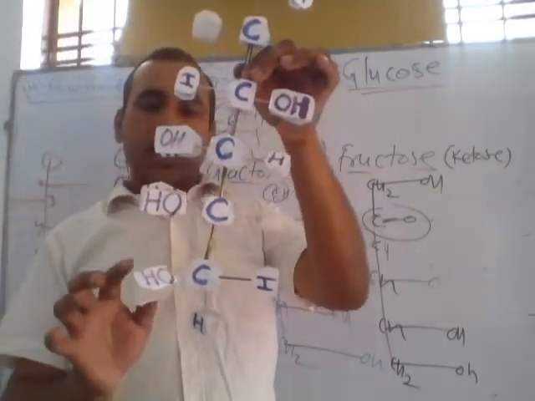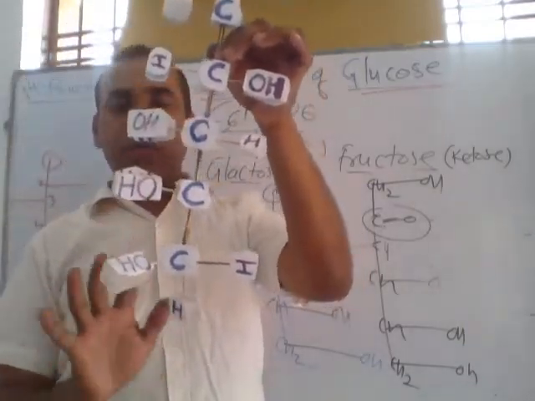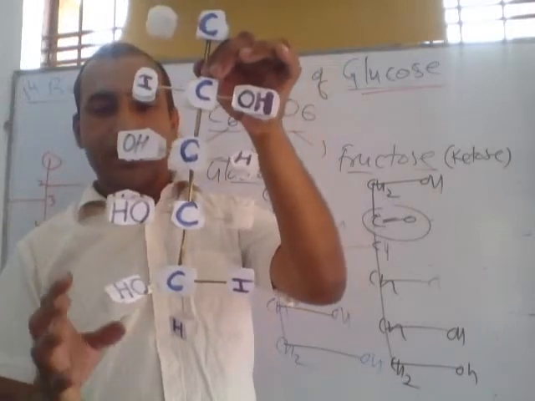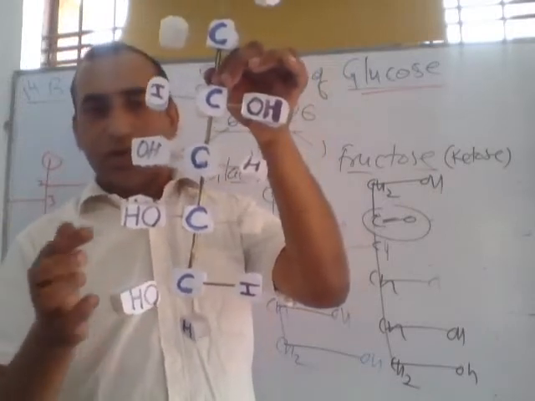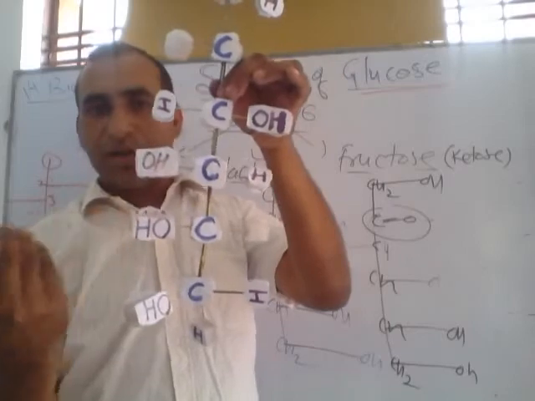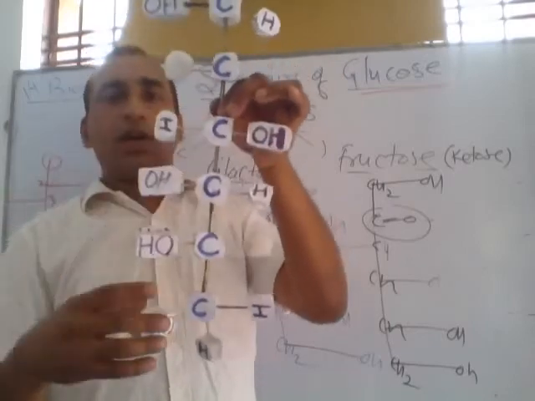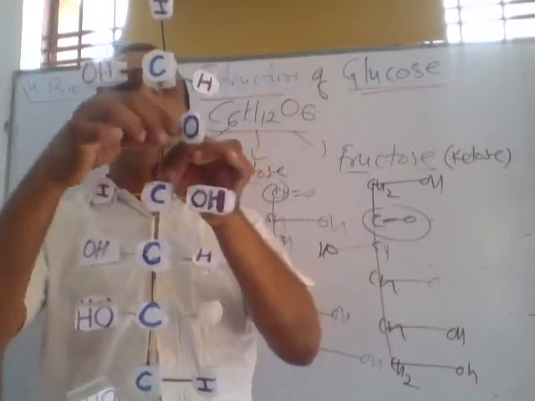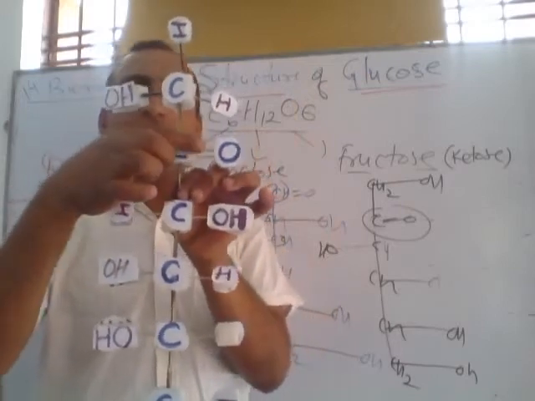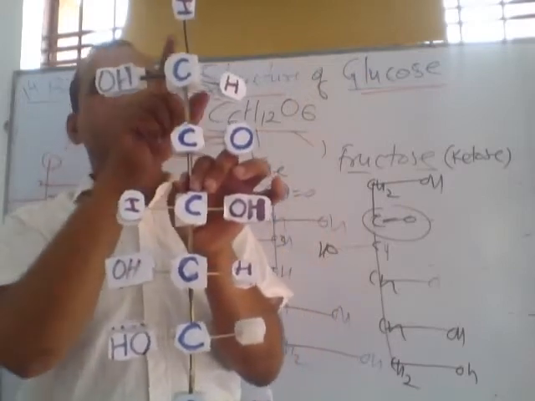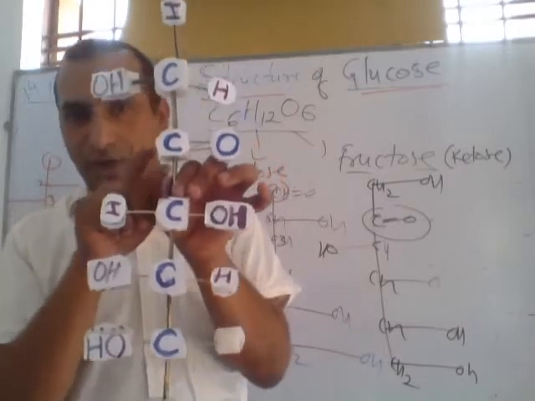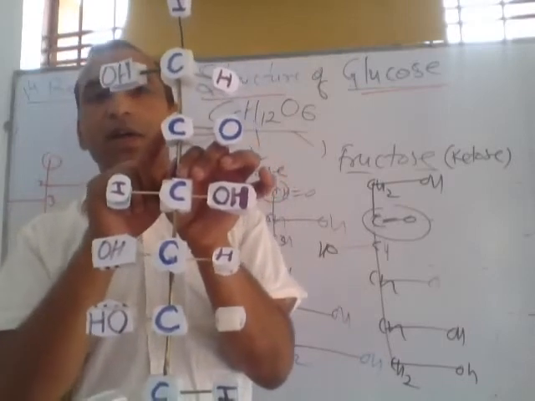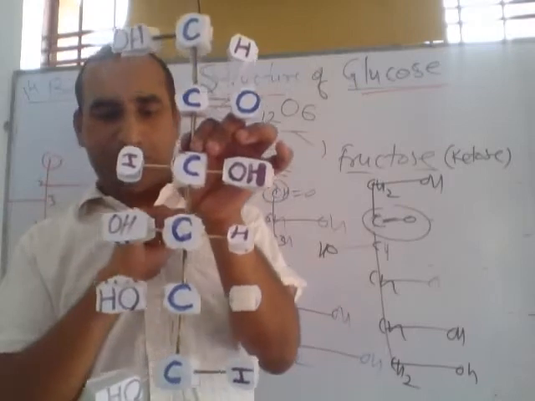Tetrahedral form means four different groups are oriented in different directions. So this is OH, OH, OH on this side, fourth is this side. On the second carbon there is C double bond O. This C double bond O is called ketone. This is the carbon with 4 valency. So this is fructose, and fructose is a ketose sugar in which a ketonic group is present.